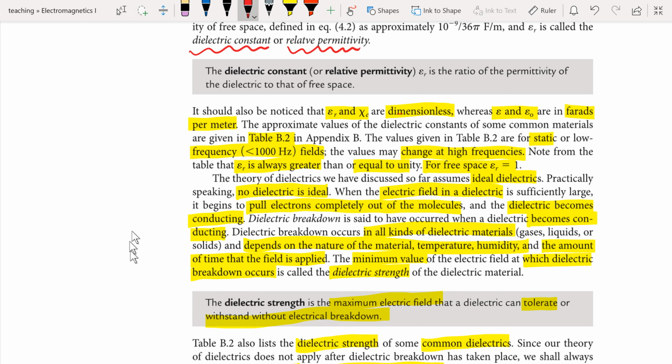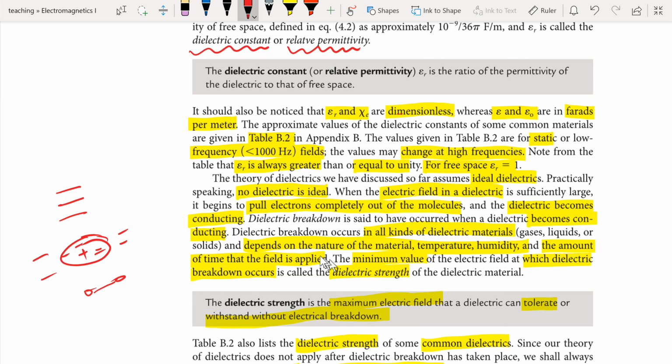We have been saying that we are only aligning the dipoles or causing the non-polar atoms to stretch in a way that they form a dipole. But when the electric field is sufficiently large, the electrons are pulled out of the atom, and they become free.